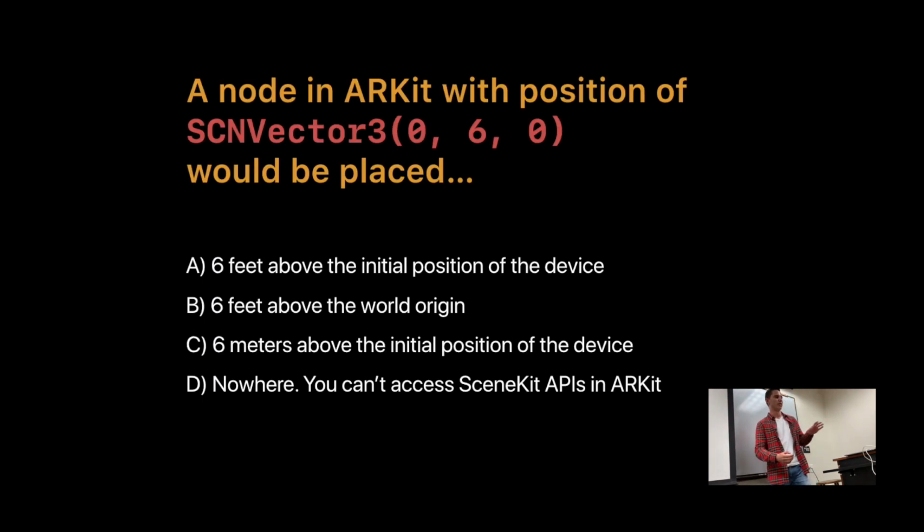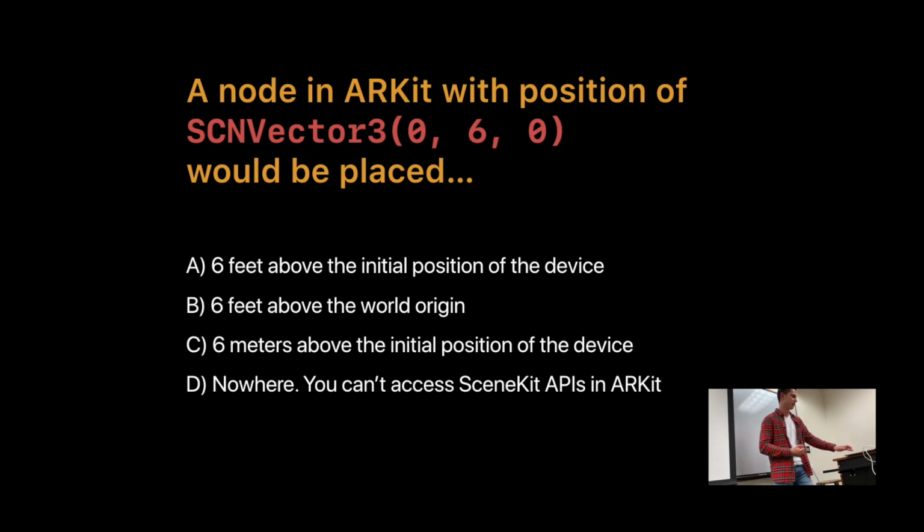Before we start with our live coding, I'm going to ask you a question. For example, if a node in ARKit with a position of SCNVector3(0, 6, 0) is placed in our session, where is it going to be placed? What do you think? C?